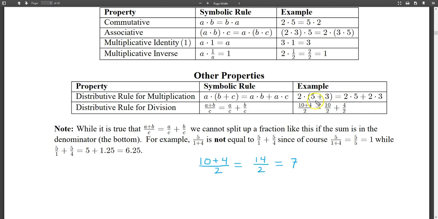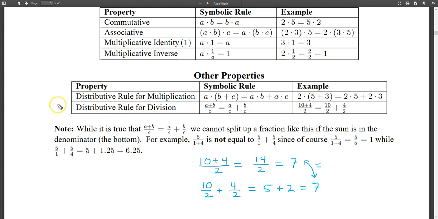Now if we do the right-hand side, if we split this fraction apart, it would be 10 over 2 plus 4 over 2. Now we do the divisions first because they have a higher order of precedence than the addition, and we'll get to that. So this will be 5 plus 2, and of course that is 7, and you see we get the same thing. So that illustrates our distributive rule for addition.